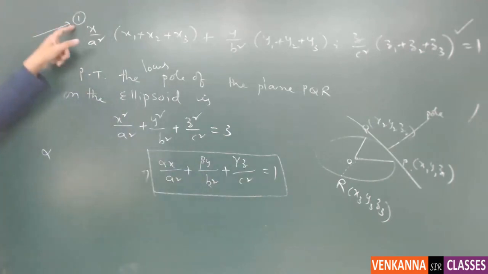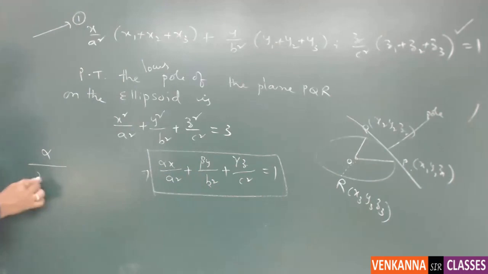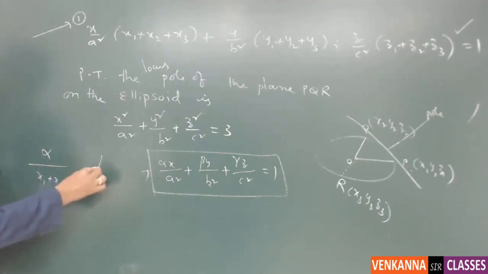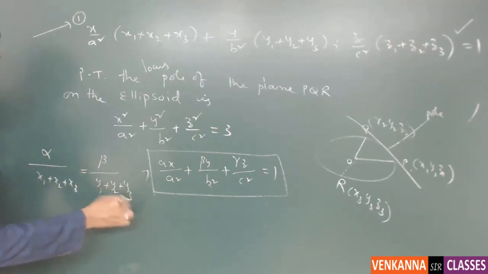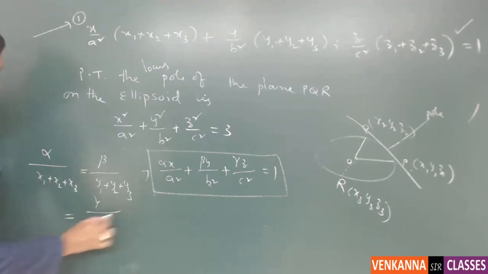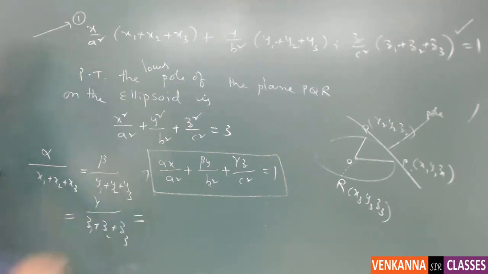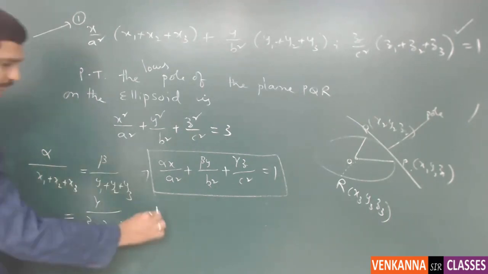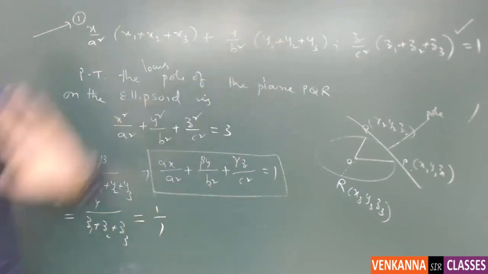So you have alpha by x1 plus x2 plus x3 is equal to beta by y1 plus y2 plus y3 is equal to gamma by z1 plus z2 plus z3 is equal to, we need to compare the constants, nothing but 1 by 1. Here the coefficient is 1, there also the coefficient is 1.